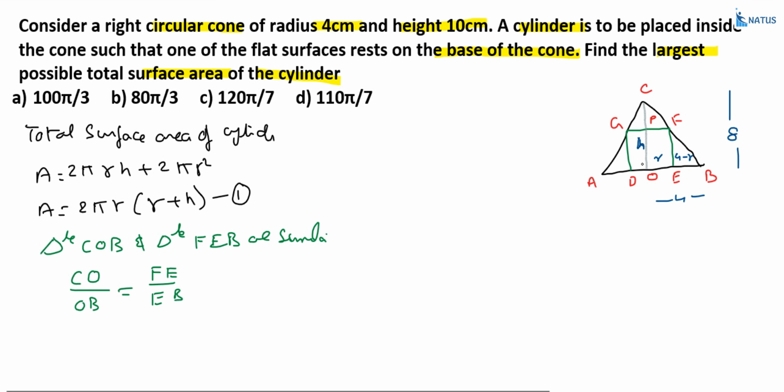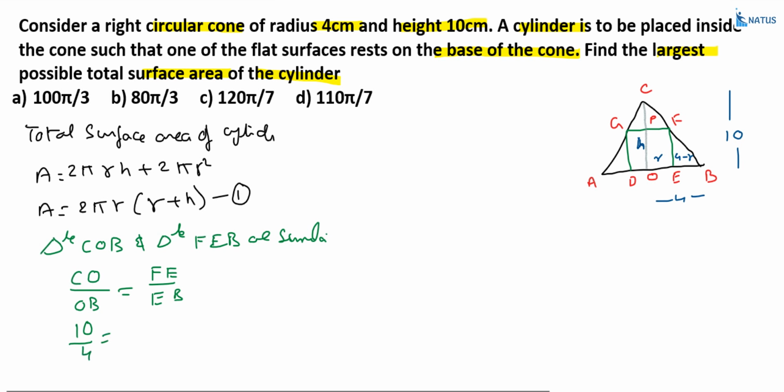That is equal to the total height, which is 8, oh sorry, that is equal to 10 centimeters, not 8 centimeters. So CO is 10, divided by OB, which is equal to 4.